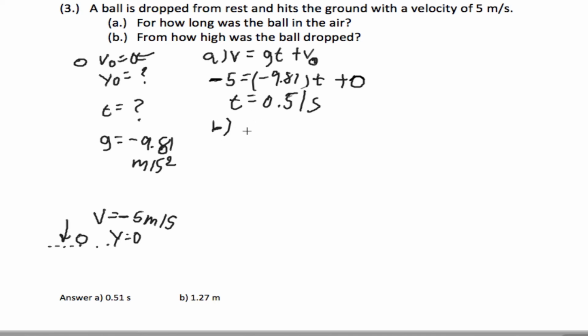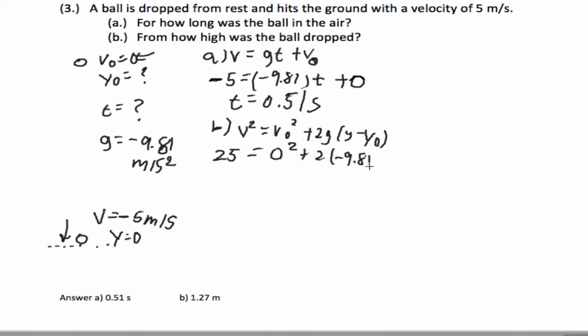I'm going to use this formula. V squared equals V naught squared plus 2g times y minus y naught. So that's going to be 25 equals 0 squared plus 2 times negative 9.81 times my unknown minus y naught.